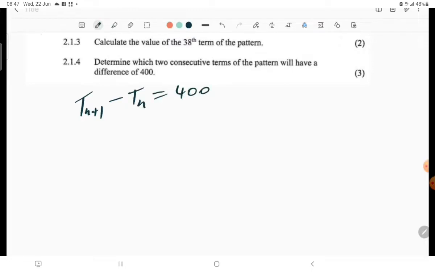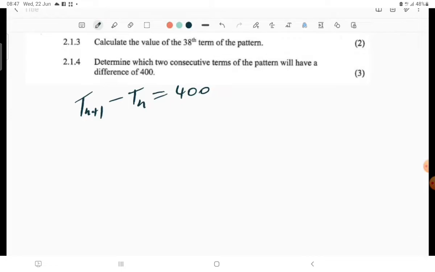This is what we know: if it's tn plus 1 and this one is tn, then to find the difference we have to say this term minus that term. So to get that 400, we are going to do that now, but we are going to just obtain the actual formula for this quadratic pattern.